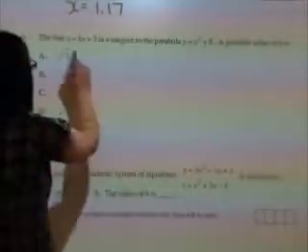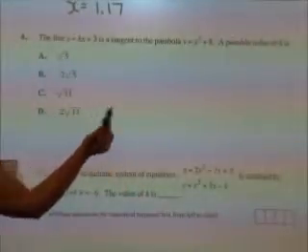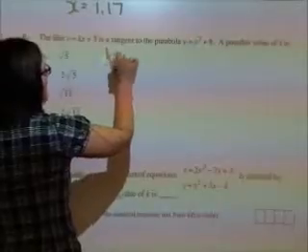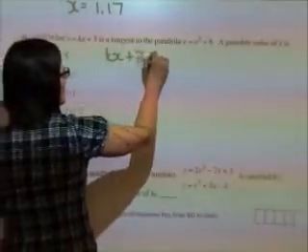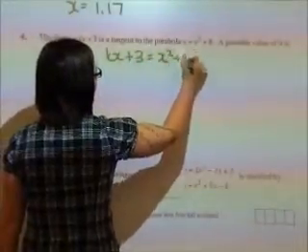Question number 4, the line y equals k times x plus 3 is tangent to the parabola. What does tangent mean? It only touches in one part. So if I was to solve this algebraically, it means I have k times x plus 3 is equal to x squared plus 8.